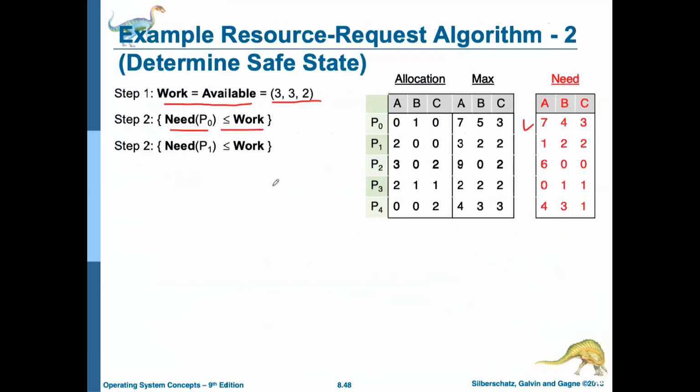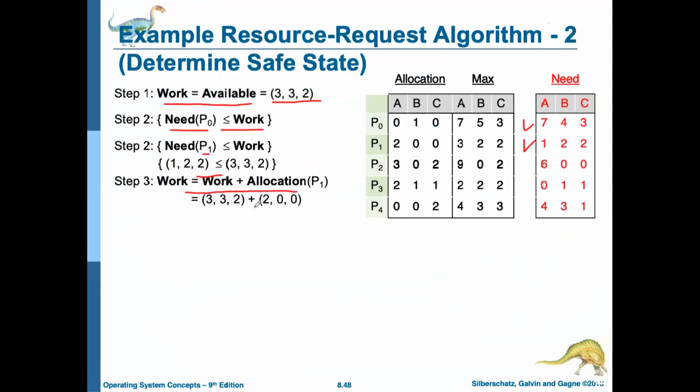So we go to the next process, which is P1. Its need is 122. We check if it is less than or equal to Work. What's the answer? The answer is yes, so we go to step 3 and allocate to P1.